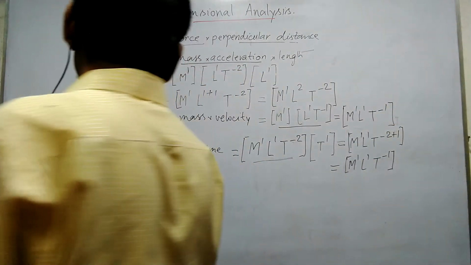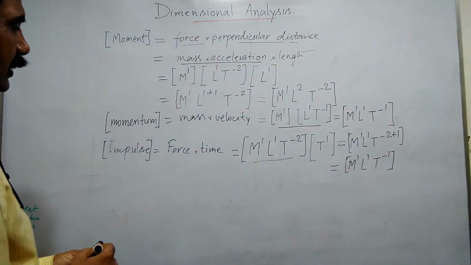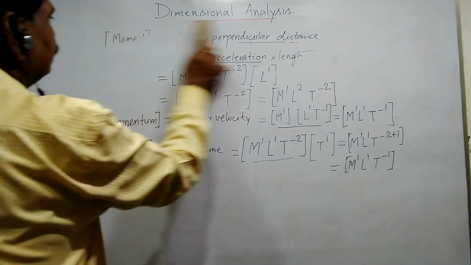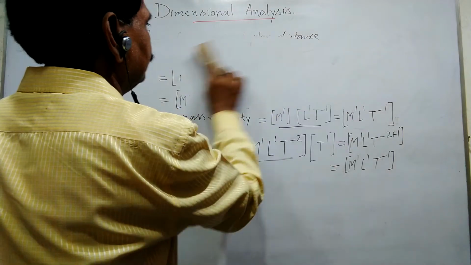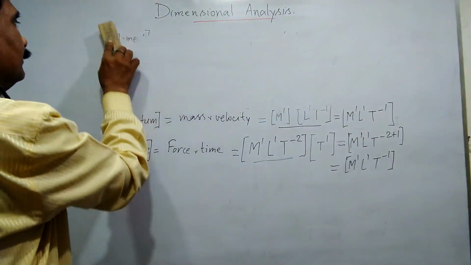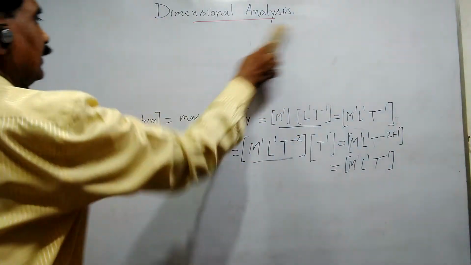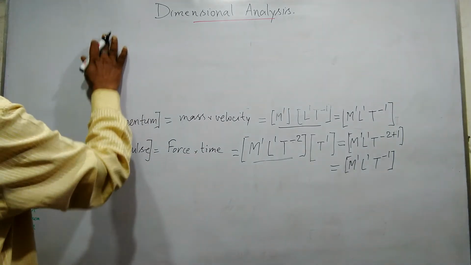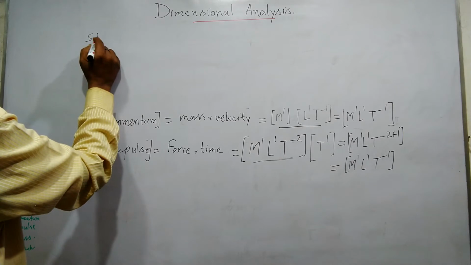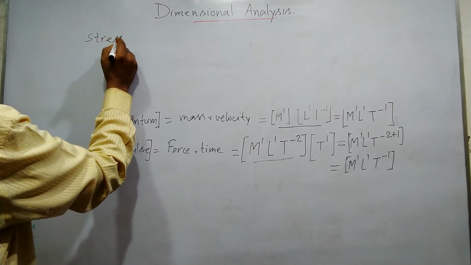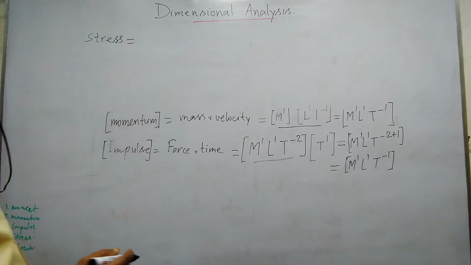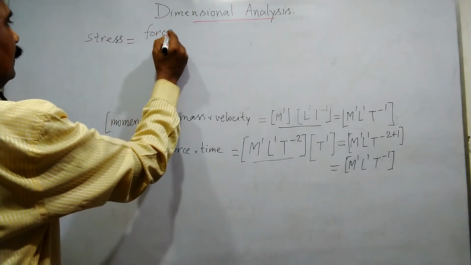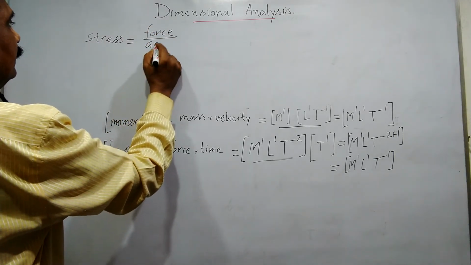Now let us erase this a little. Now come, suppose we are interested in finding the dimensional formula of stress. Stress, how do we define stress? That is force per unit area.